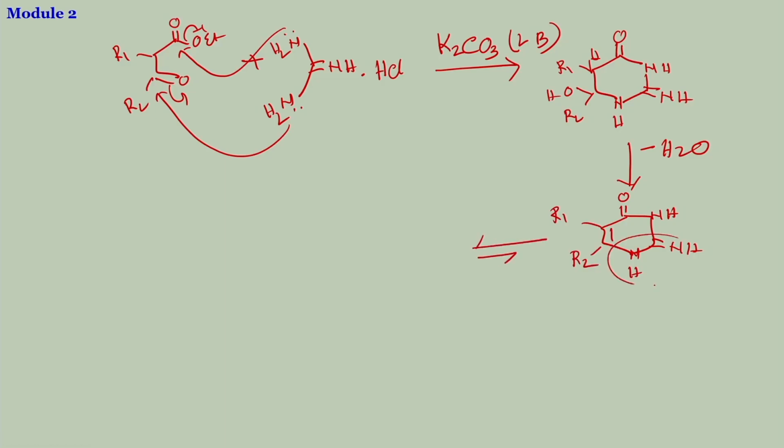Now here you can see that this is the imine form, so it will undergo tautomerism very quickly, and will give you this NH, because the driving force will be the aromaticity.